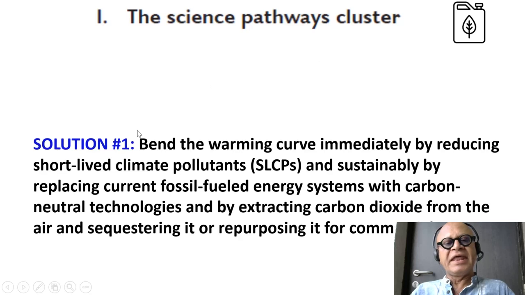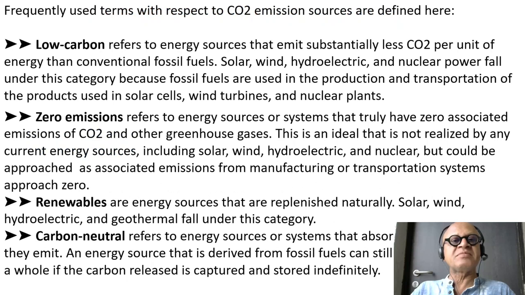Solution number one: bend the warming curve immediately by reducing short-lived climate pollutants and sustainably by replacing current fossil fueled energy systems with carbon neutral technologies and by extracting carbon dioxide from the air and sequestering it or repurposing it for commercial uses. This repurposing is already happening to some extent, but it's only happening to force out more oil from the ground by pumping CO2 into the oil rigs.